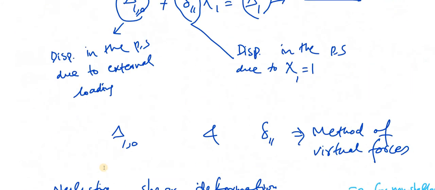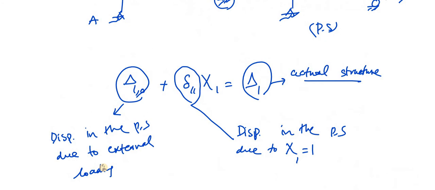So coming back to our compatibility equation, you can see in this equation we have two displacements to determine, this delta 1 naught and small delta 1 1. Now let's talk about this one first, small delta 1 1. This is independent of the external loading. So it only depends upon the geometry of the frame.